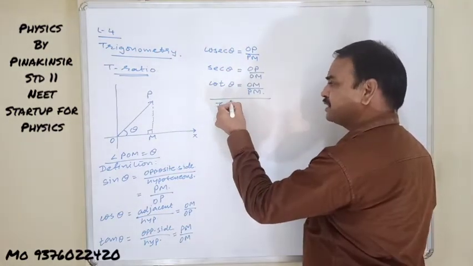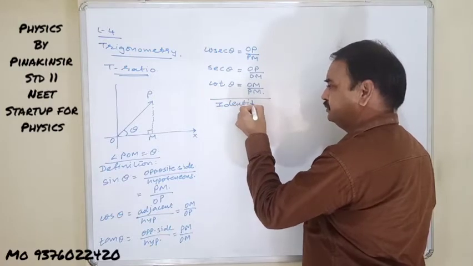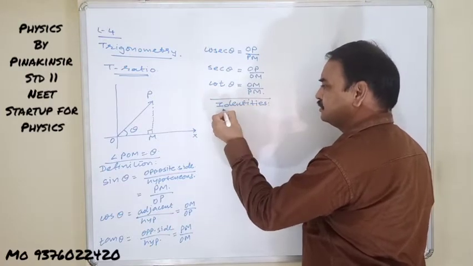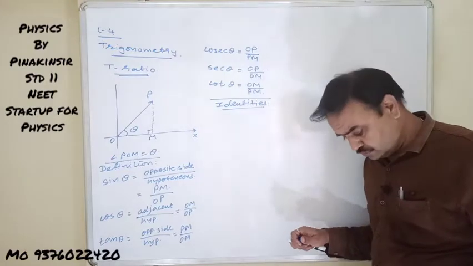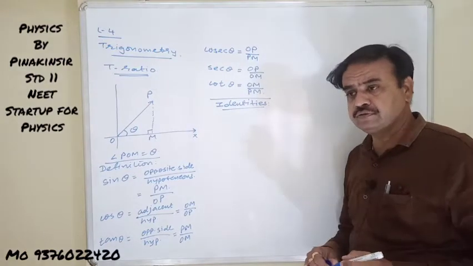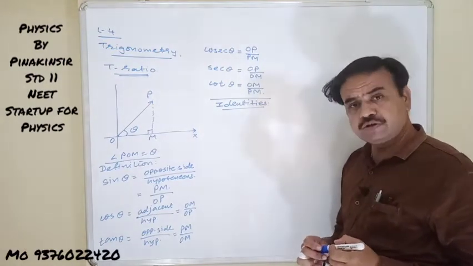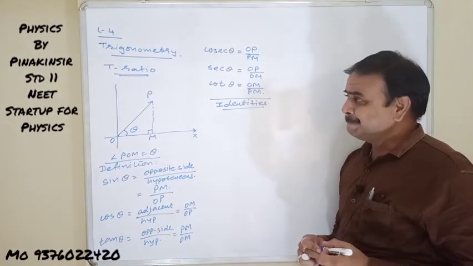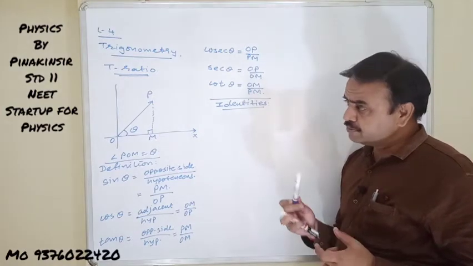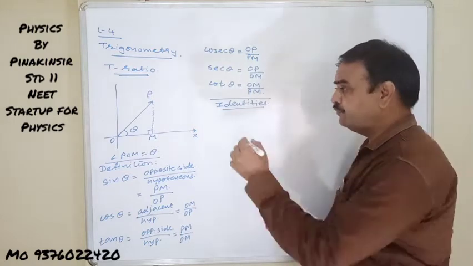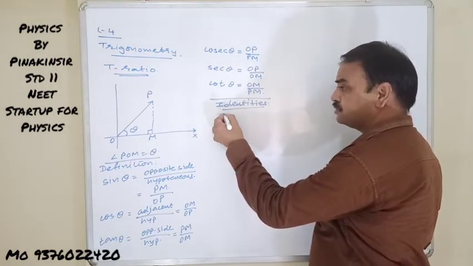Some identities are there. We are just taking a quick look about the topics which you have learnt in lower standards. In this particular triangle, we know very well Pythagoras theorem.